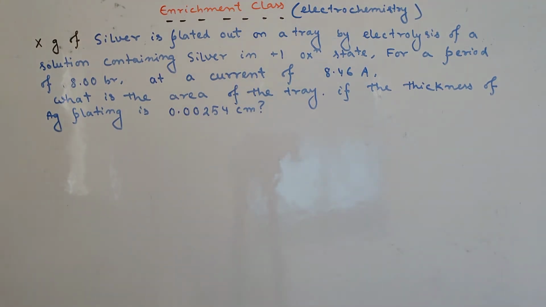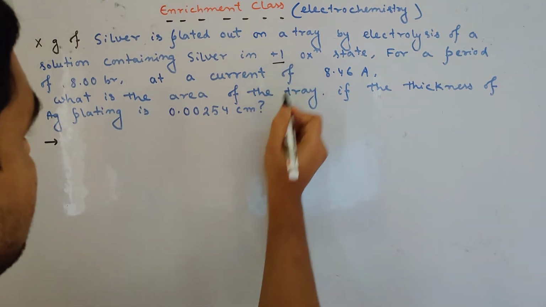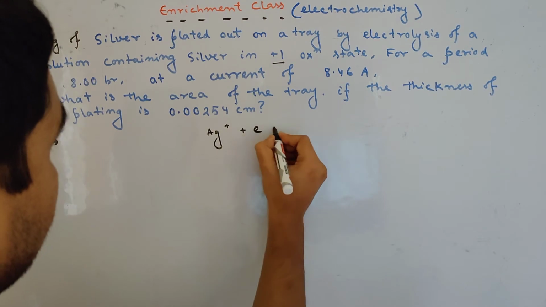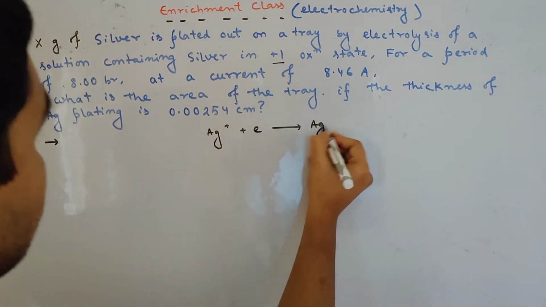Now, let us solve it out. First of all, read it once again. What is the question and what is the requirement in order to have the answer? First thing first, silver is in the +1 state. So it should be silver plus accepting an electron giving rise to silver.